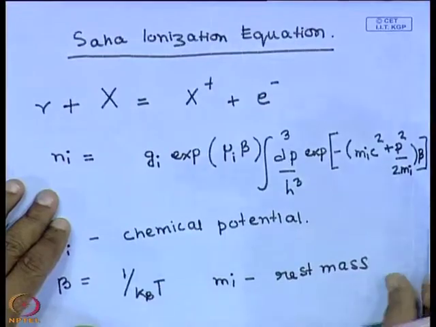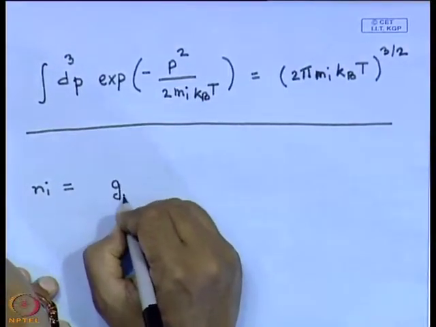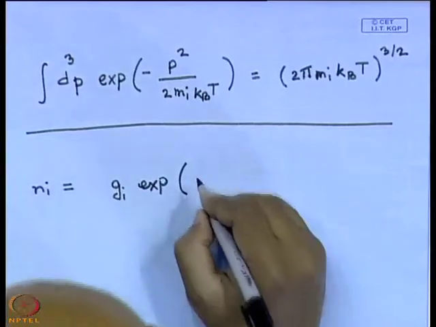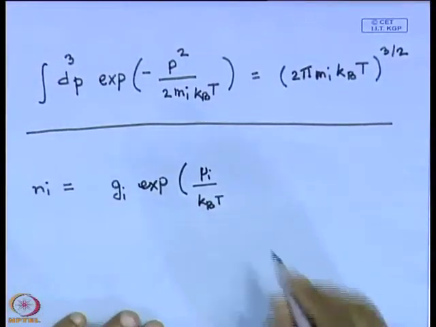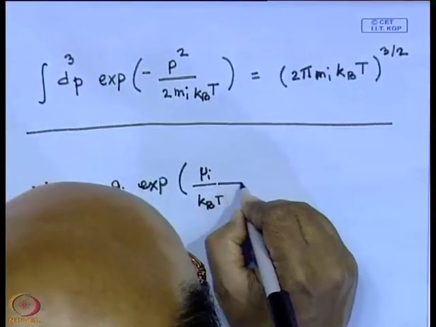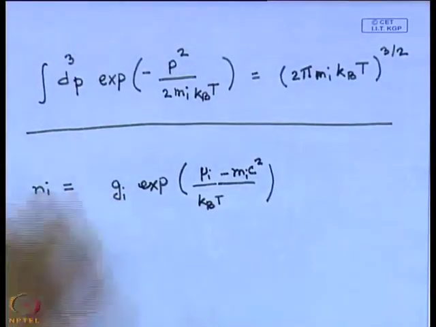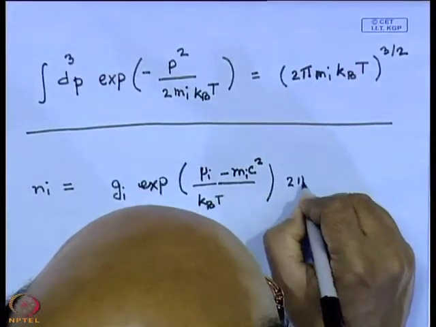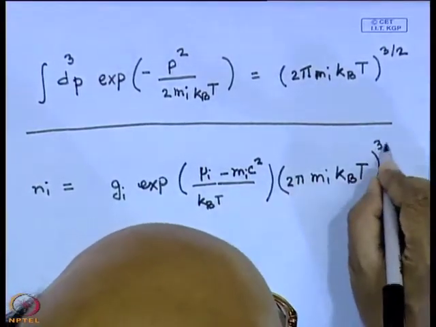So, we can just straight away substitute that here, and we get the number density of any of these species to be g_i exponential of (mu_i minus m_i c square) by k_B T, where I have taken this factor outside, and then we have this factor over here, which is 2 pi m_i k_B T to the power 3 by 2.